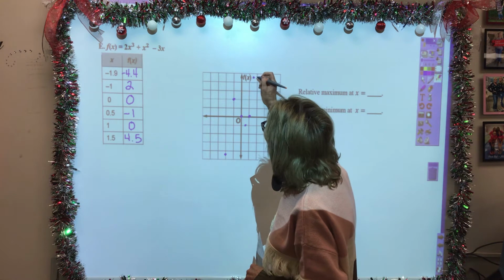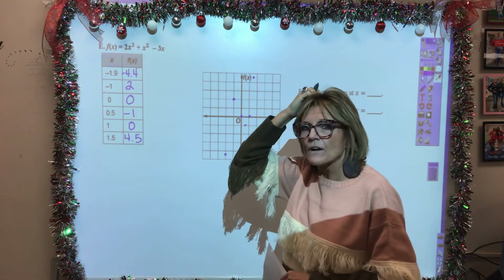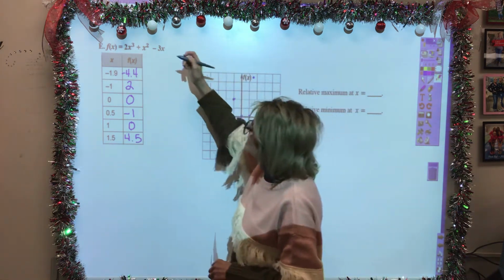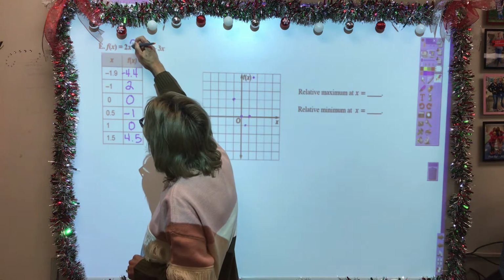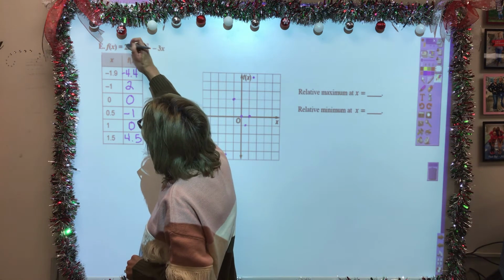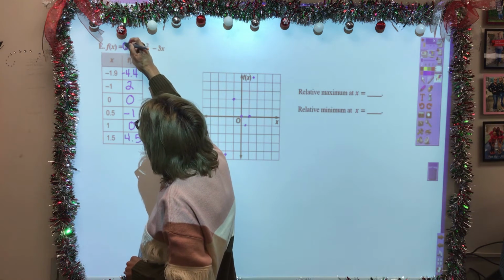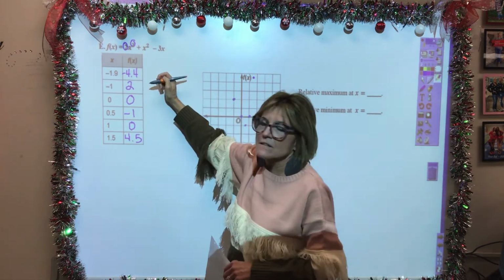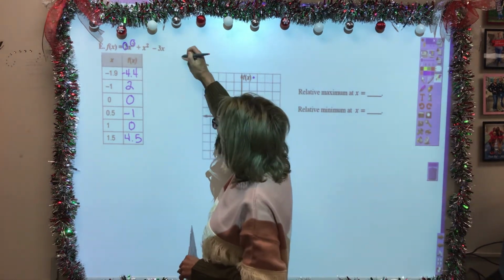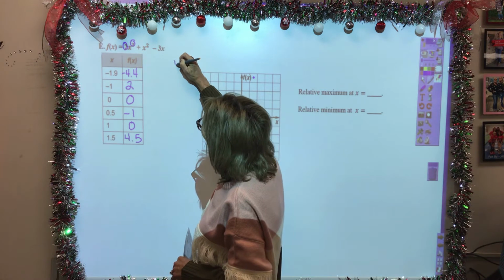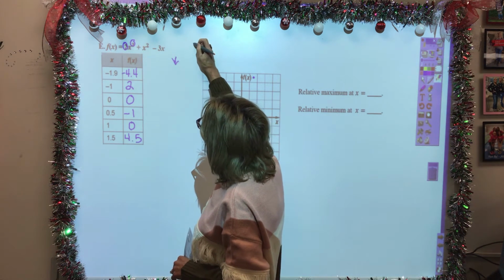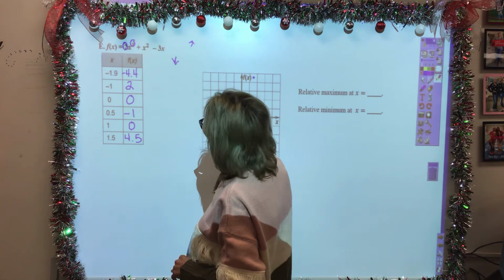4.5. Now we have to look at what our end behavior is. This is an odd function with a positive lead coefficient. So that means that our ends are going to point down to the left and up to the right.